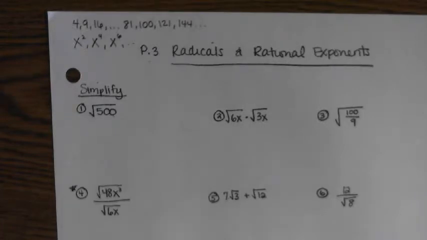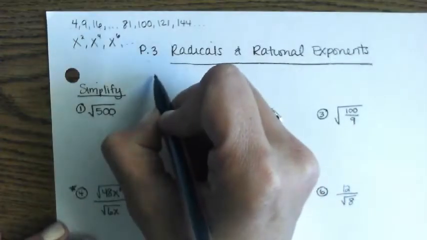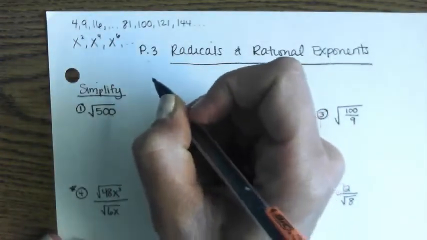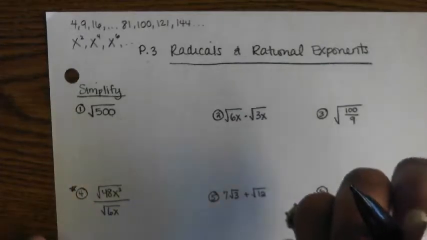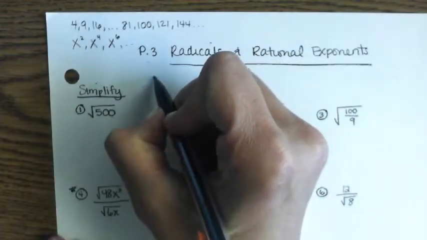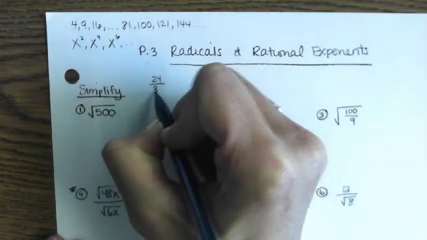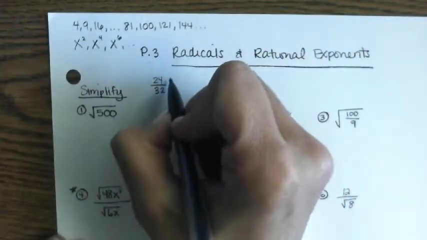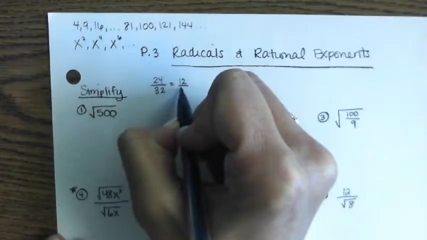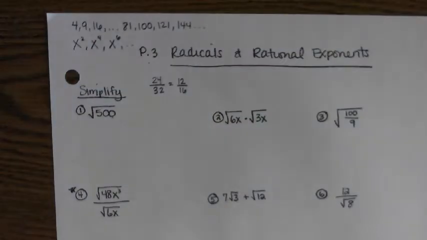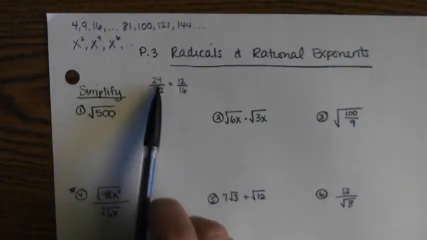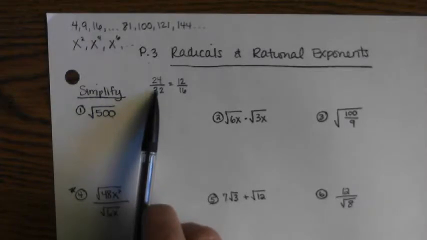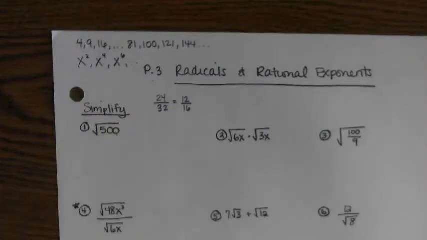So just like when you simplify a fraction, you want to find the greatest common factor that goes into two numbers. Let me do this for example, 24 divided by 32. If I know those are both divisible by 2, I would make it 12 over 16. But because 2 wasn't the greatest common factor, this still is not fully simplified, right?